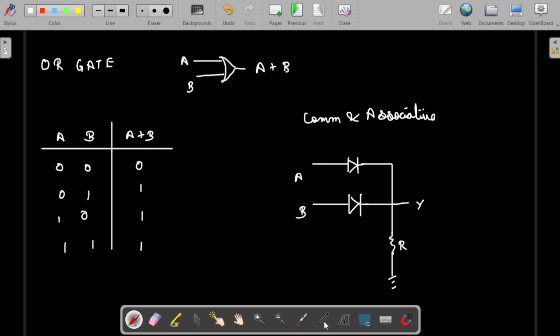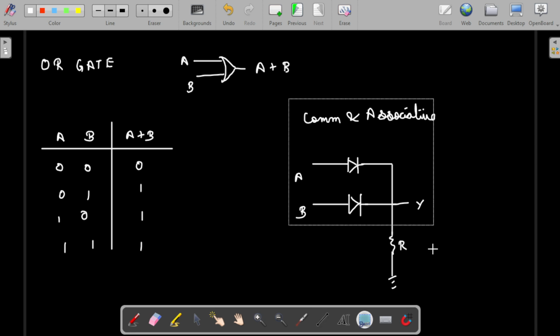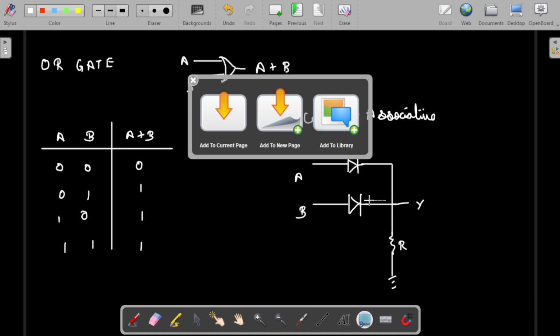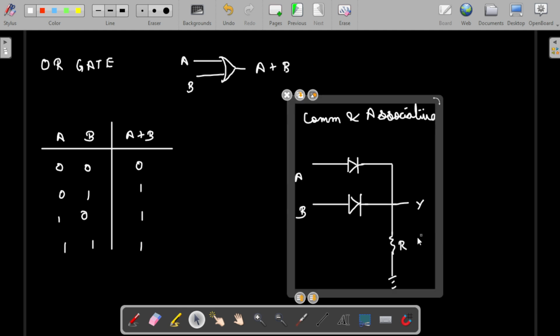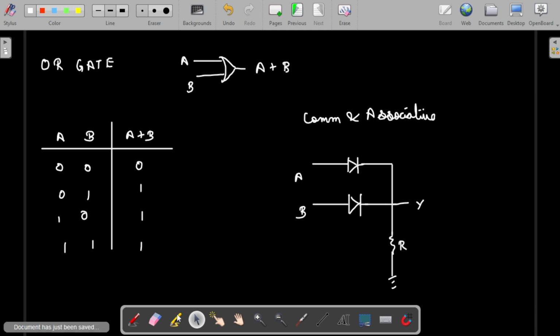So let's take the table and find out how the values will come here. So let me draw a table in order to understand the things properly.